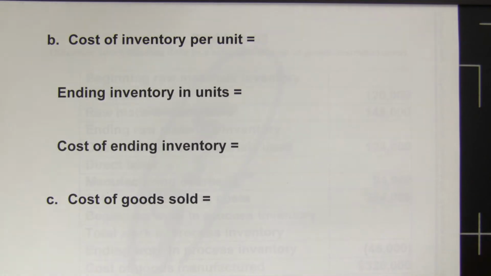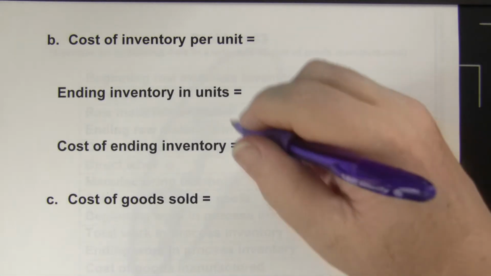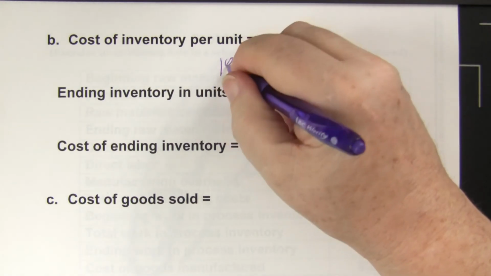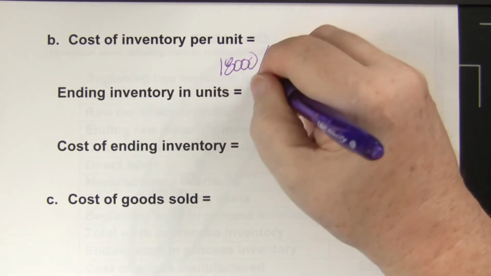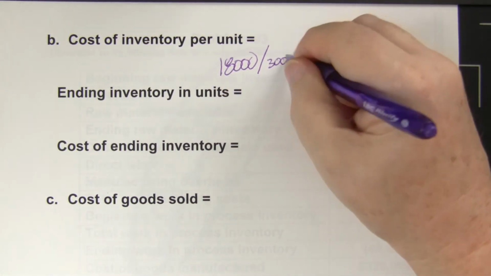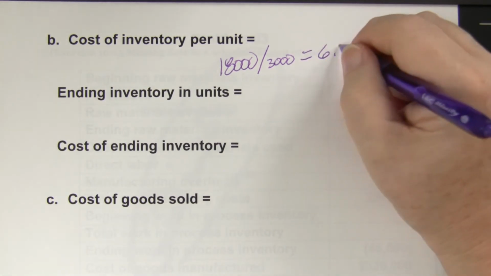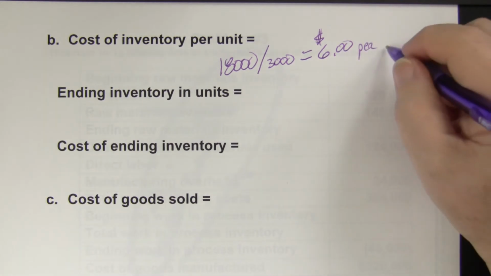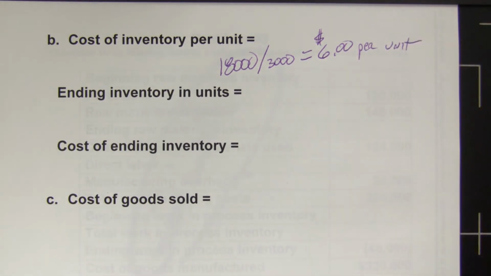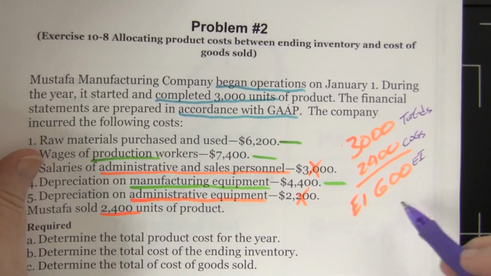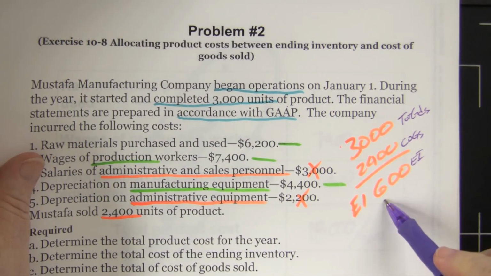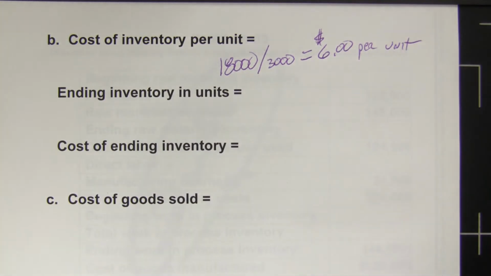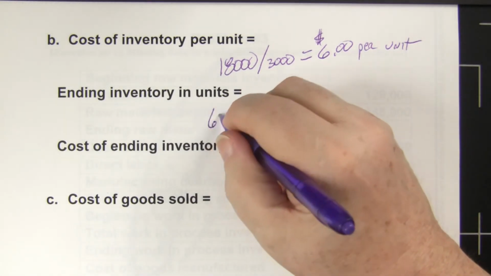So, cost of inventory per unit, we did that already. It's $18,000 divided by 3,000 units, $6 per. Now, the ending inventory in units, they tell us the ending inventory, 600 units.